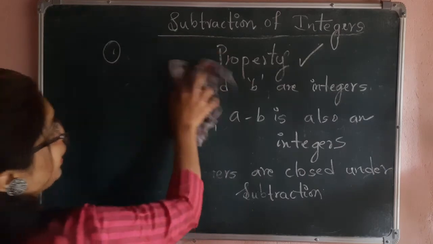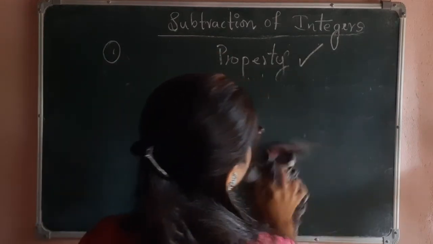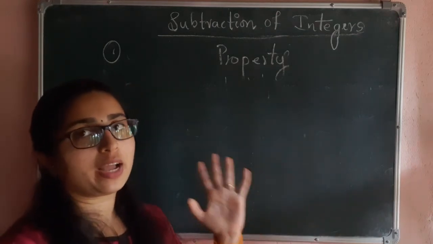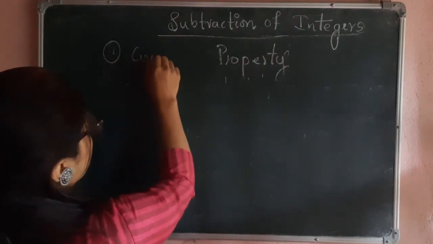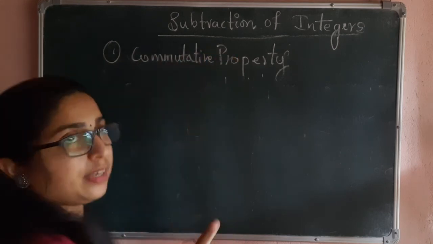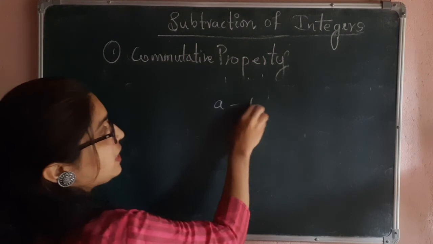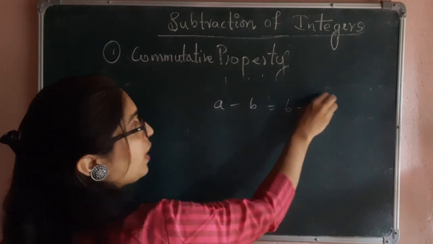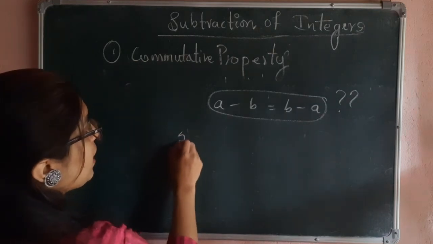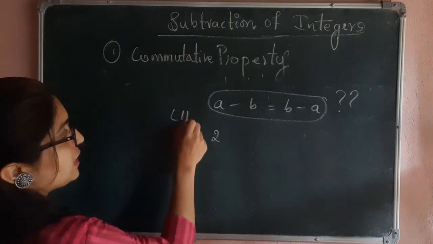Next comes commutative property. We have to see whether the commutative property holds good for the subtraction of integers. If A and B are integers, A minus B is equal to B minus A. So we have to check if it is right or wrong. So 5 minus 2, this is LHS.